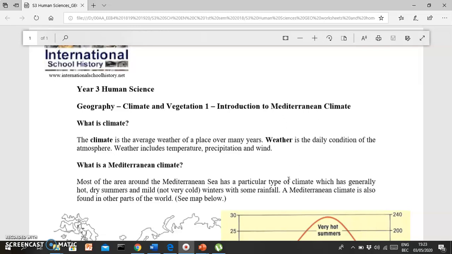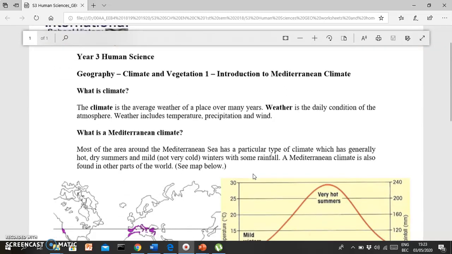Of course, weather, as you've already seen, includes temperature, so how hot or cold, precipitation, whether there's rain, snow, hail, sleet, and wind. So whether it's windy, how fast the wind is, or maybe there's less wind.